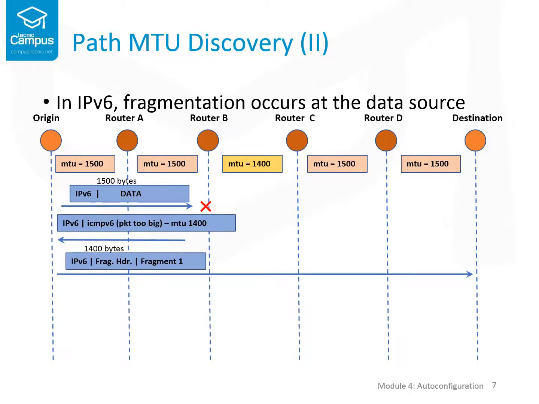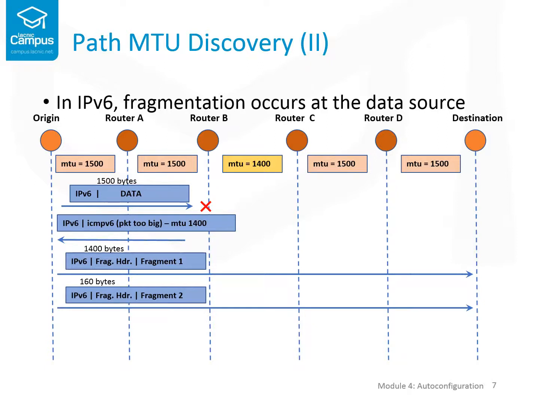Once it receives this packet, the source will fragment the original packet using the fragmentation extension header and generating smaller packets that will be able to traverse the 1400 byte MTU. Care must be taken when filtering ICMPv6. If the packet that specifies the error doesn't reach the source, the data will not be transmitted.